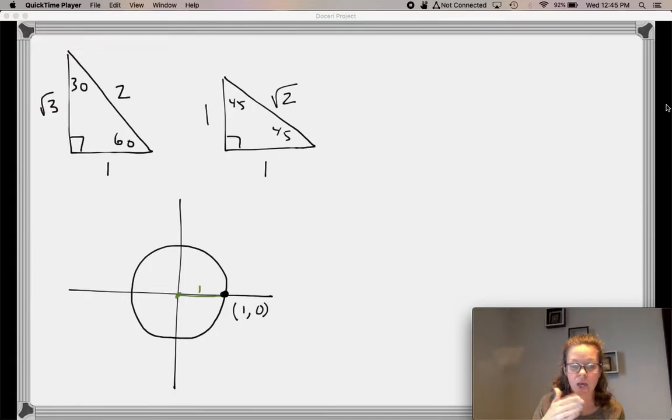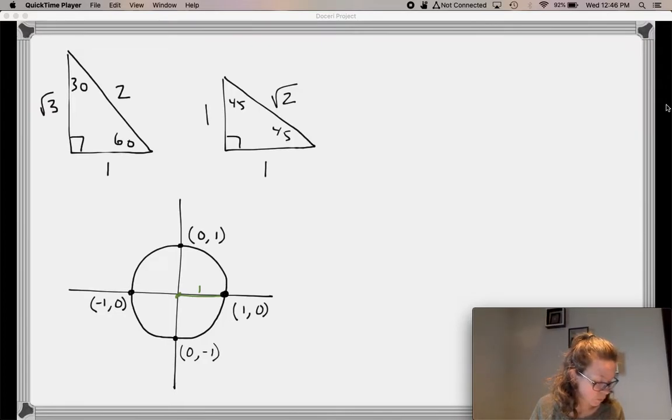X, y: it's over 1 unit because that's how big the radius is, and it's up 0 because it's still right on that axis. Then this point up top is going to be over 0 and up 1, again, because that's how big the radius is. Over on this side, we're going to have a point that's at negative 1, 0: negative 1 on our x-axis, but up 0 on the y. And down at the bottom, we're going to have a point that's over 0 and down 1.